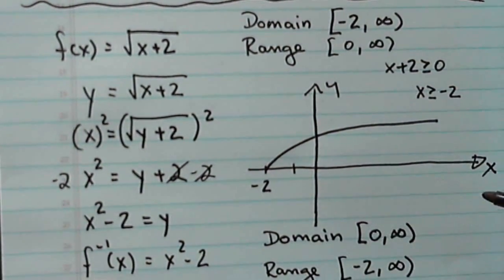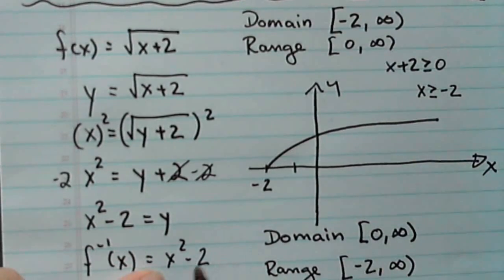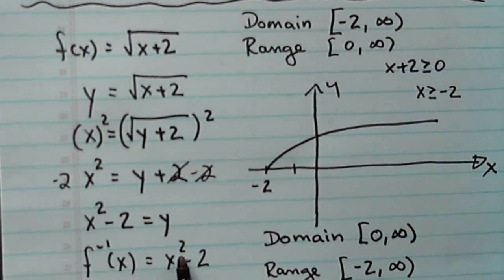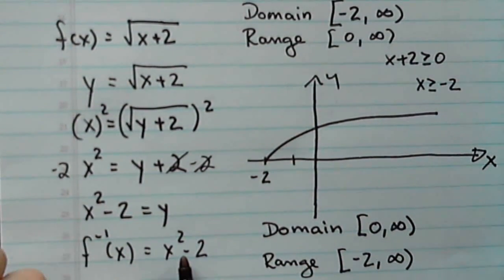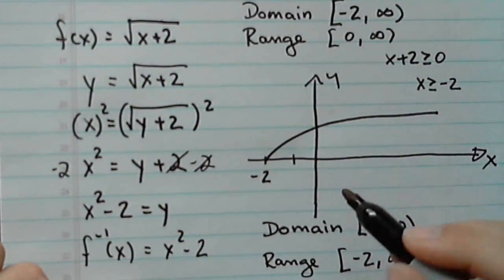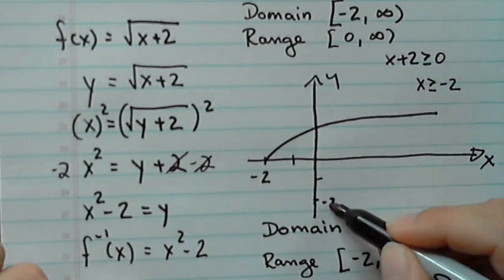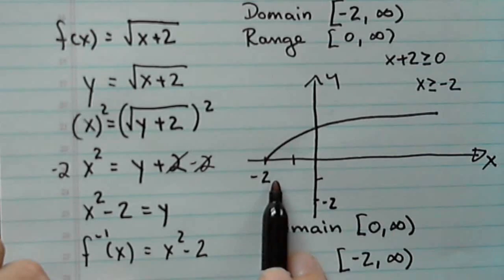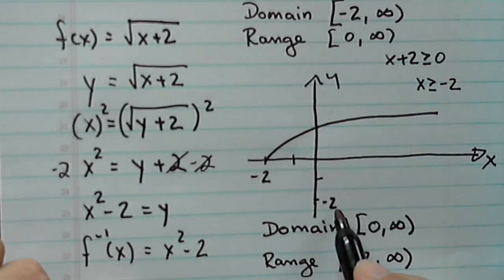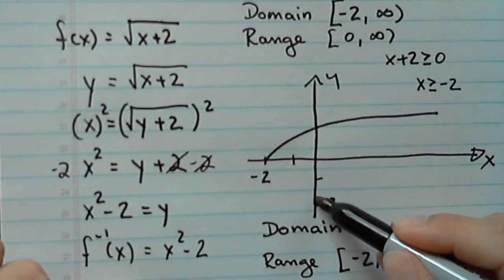I gotta get me some other colors. I have f. The inverse is x squared minus 2, and we all know that this is a parabola that is shifted down 2 units, negative 2, and that better be the case, because if this point is negative 2, 0, my inverse has to be 0, negative 2.